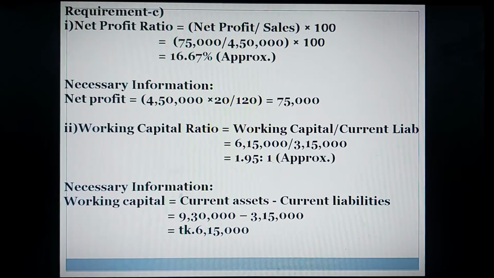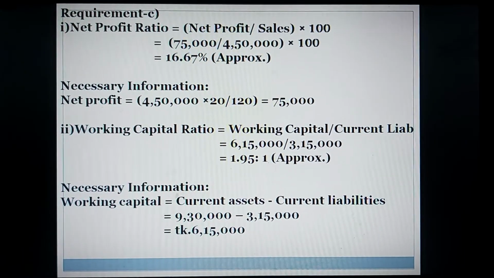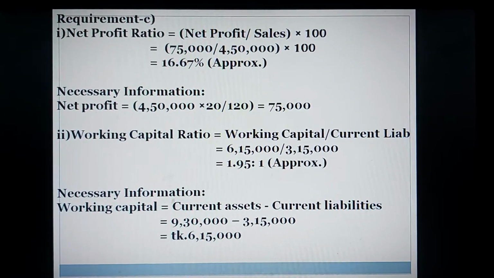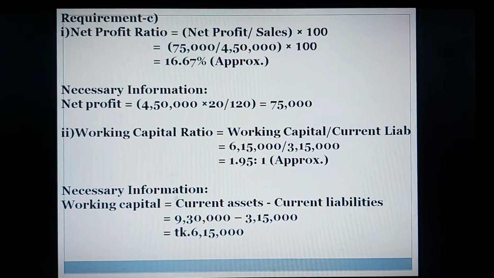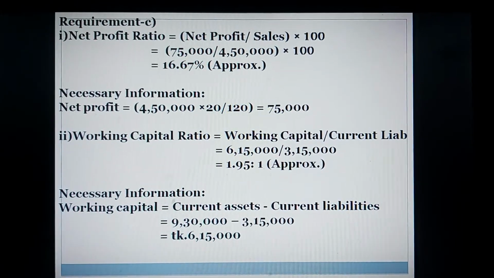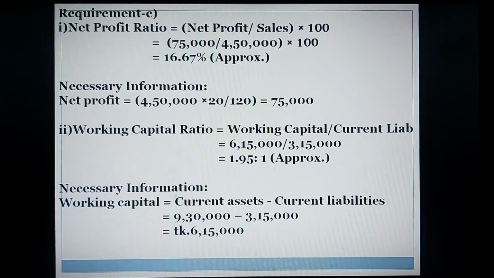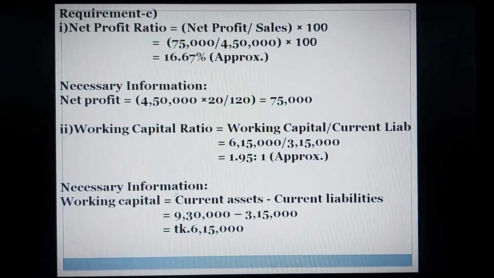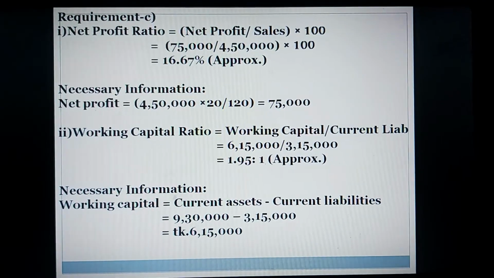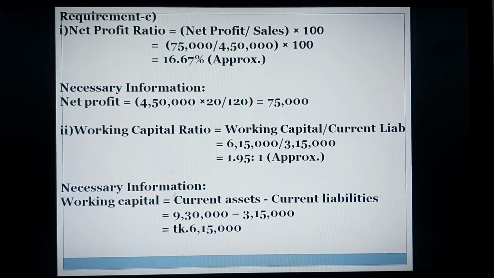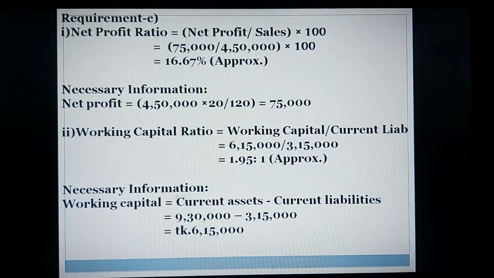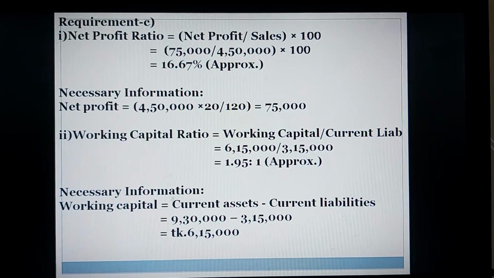Working capital ratio is equal to working capital divided by current liabilities. I repeat again, working capital ratio is equal to working capital divided by current liabilities. In this stem, working capital is not available, so you have to calculate it at first in necessary information. So necessary information to be taken for computing this one. Working capital. What is working capital? What is current capital?